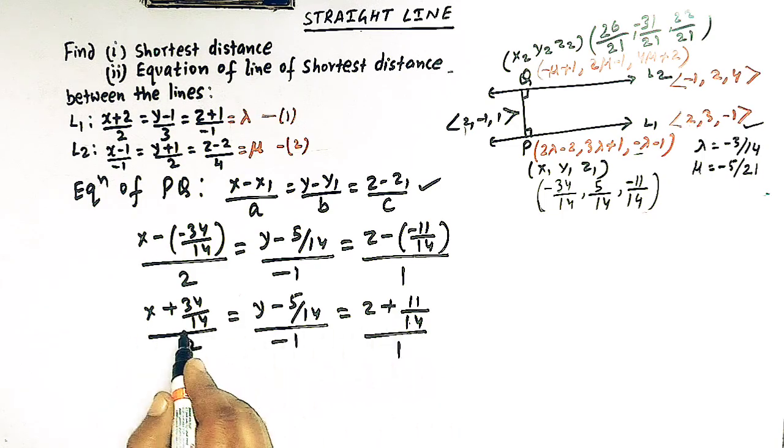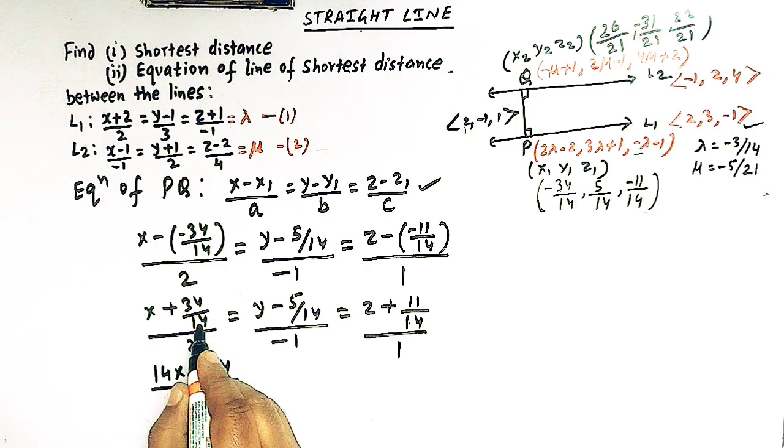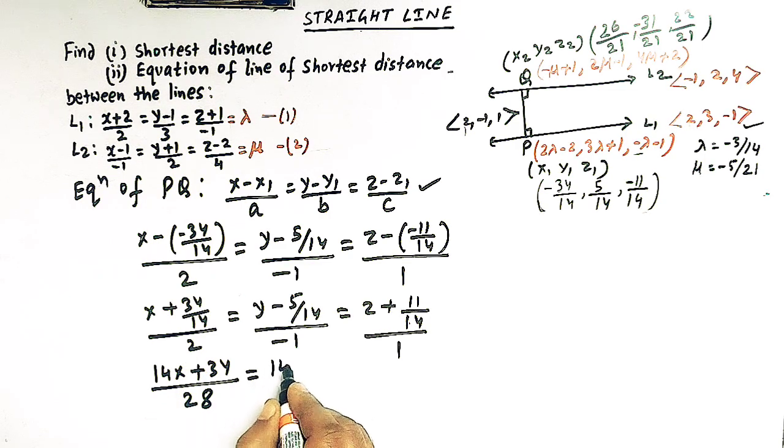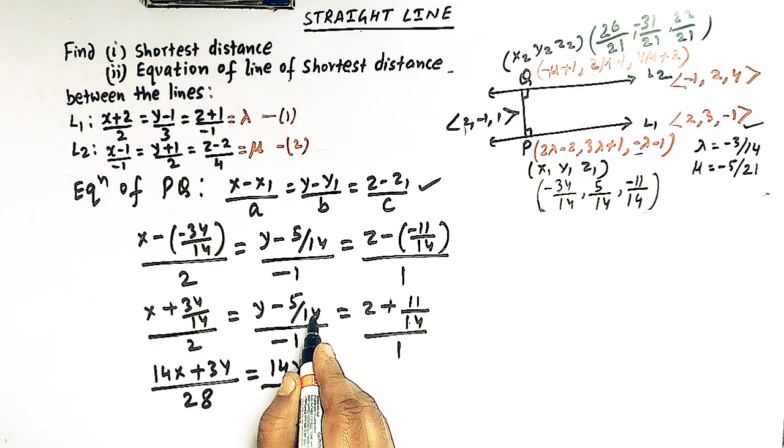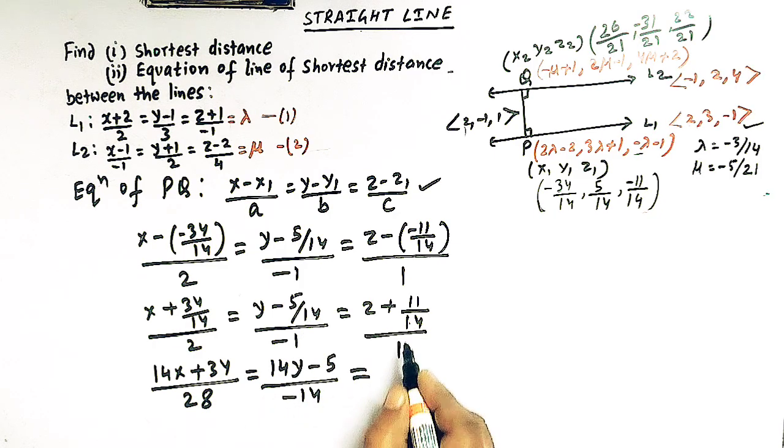So again, simplifying, here we can now write (14x plus 34)/28, 14 times 2 is 28, and then we have (14y minus 5)/(14 times minus 1, which is minus 14), and then we have (14z plus 11)/14, right?